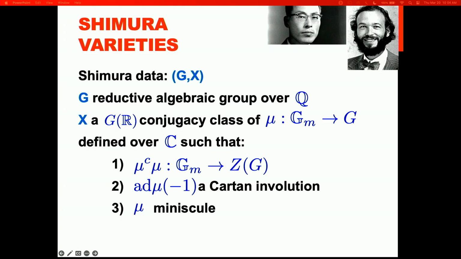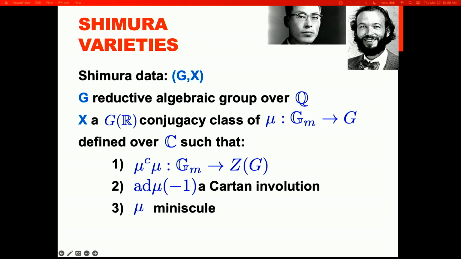So Shimura data is a reductive algebraic group G over the rational numbers, together with a G(R)-conjugacy class of co-characters of G, defined over C themselves, with three properties.